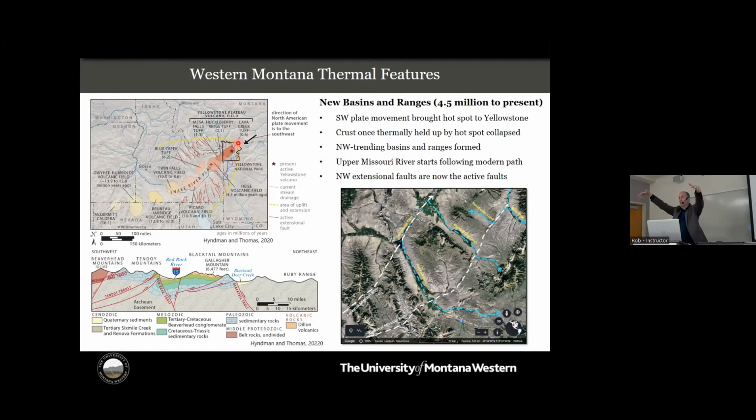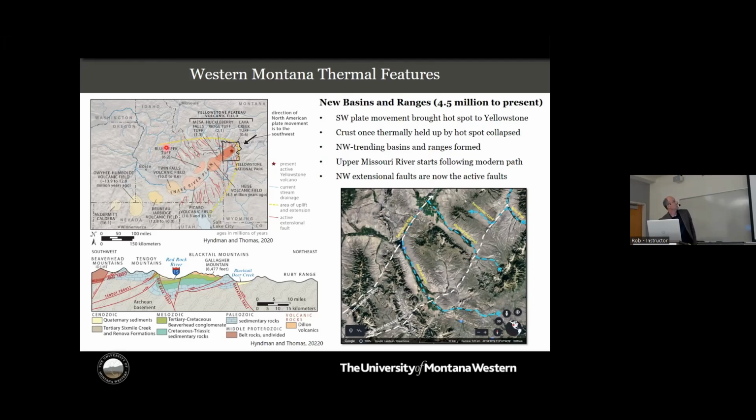It's all elevated. As the plate moves over the hot spot, the elevation is not able to be held up any longer by that big thermal mass in the subsurface, the big magma chamber. It collapses.